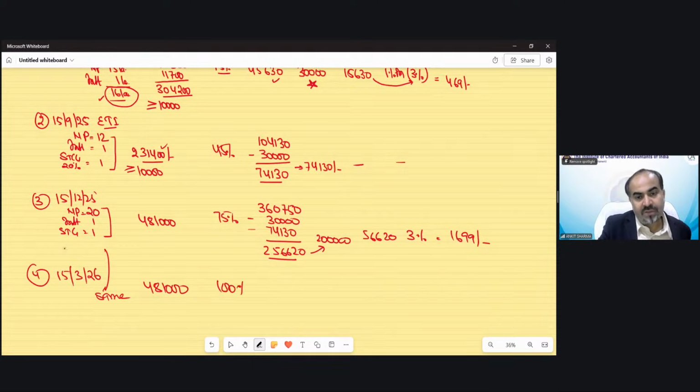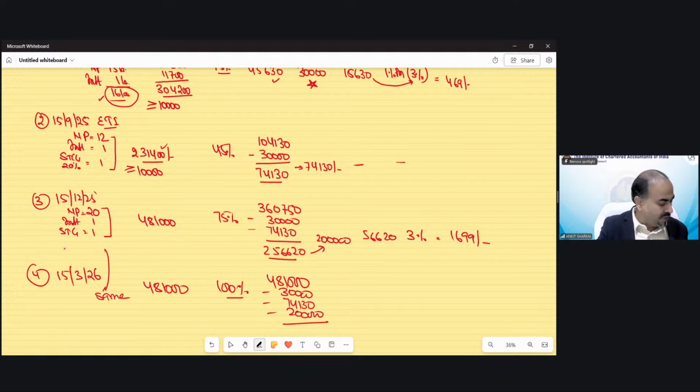Now the deposit liability is 100%, which would be 481, out of which we have deposited 30,000, 74130 and 2 lakh rupees. So now the remaining is 1,76,870. If we deposit the full value, no 234C interest on this date, but suppose we have deposited only 1 lakh rupees. So now 76,870 is the shortfall.